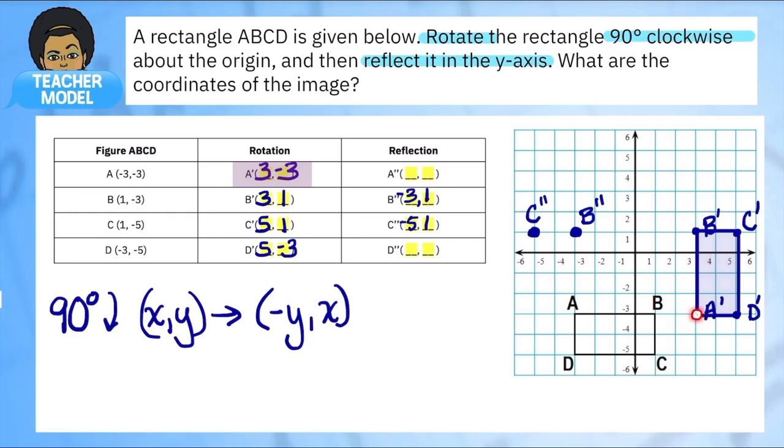So here again is +3, so it's going to be a negative over here. It's going to be -3, -3. So let's put that. -3, -3. Look at that. It actually went right back to its original point. Interesting. And my D is going to be at -5, -3.